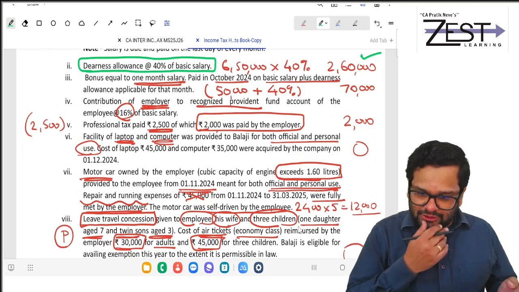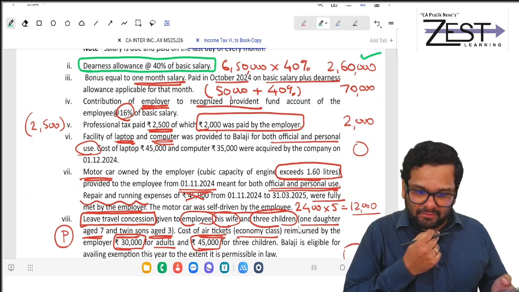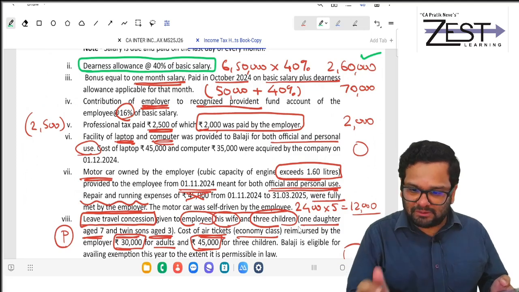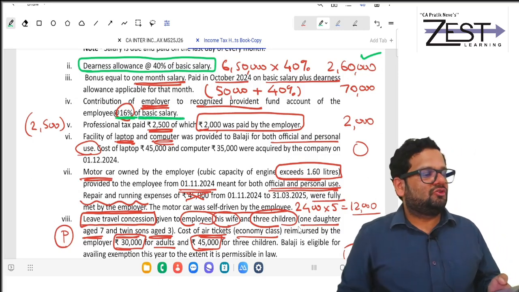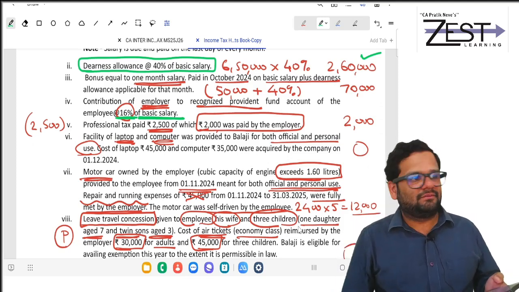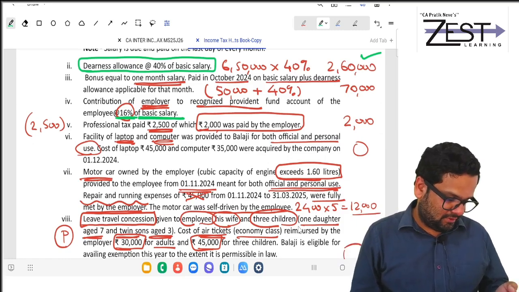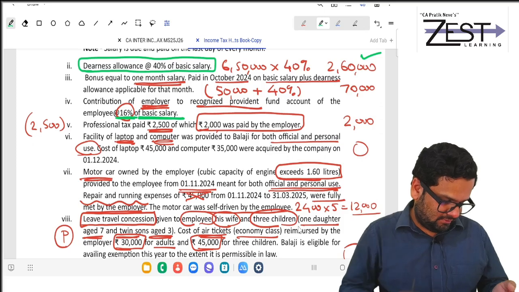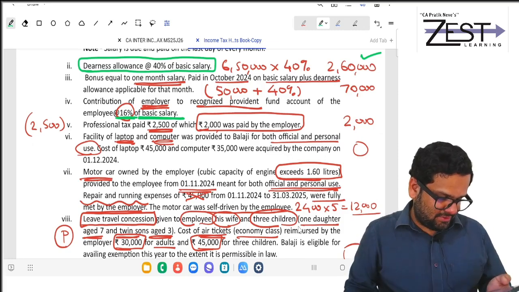He's contributing how much? No, that's contribution of employer to RPF is 16% of only basic. So you assume that it is not as per terms of employment. You could have assumed otherwise also.